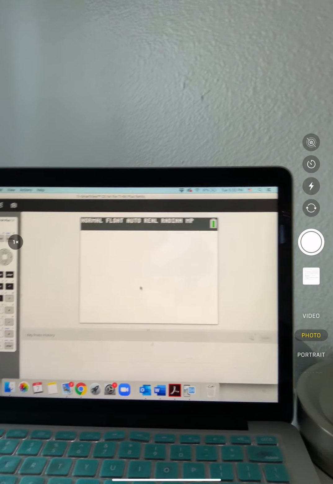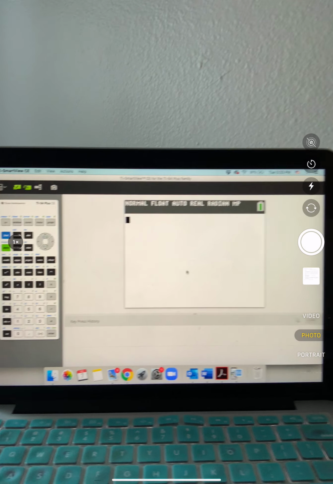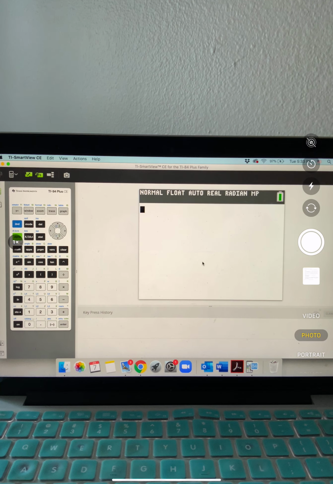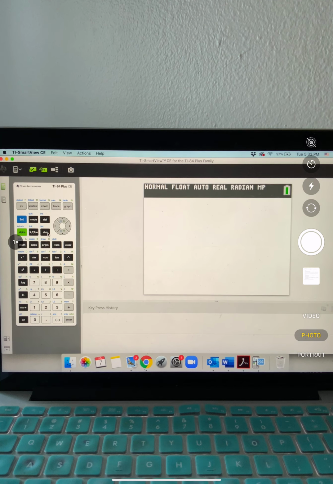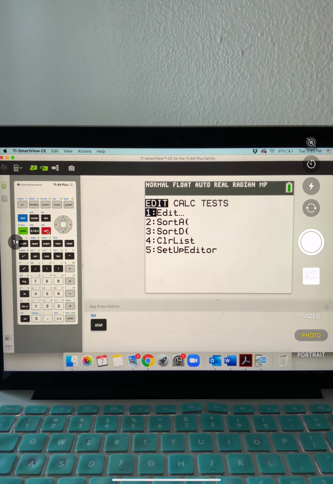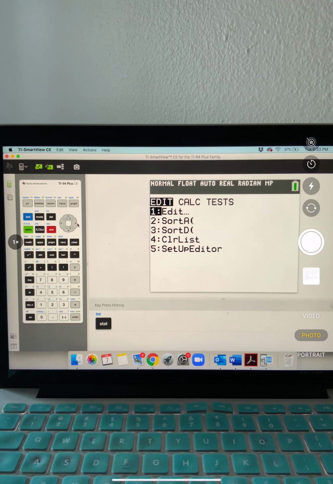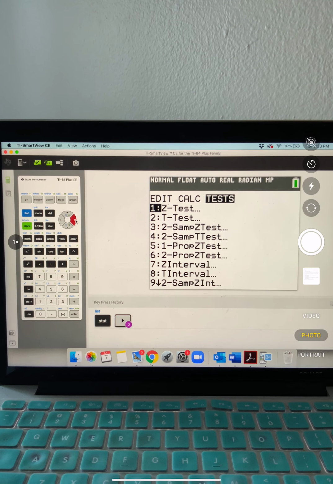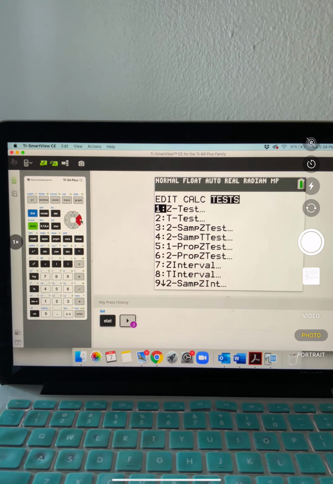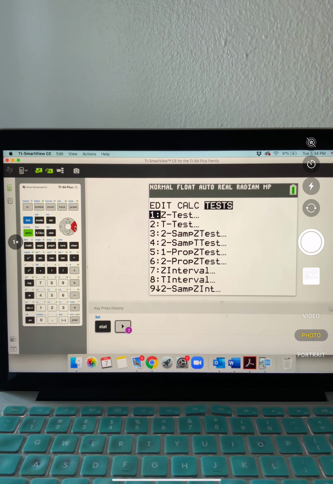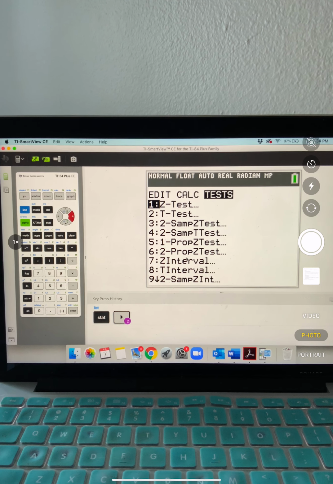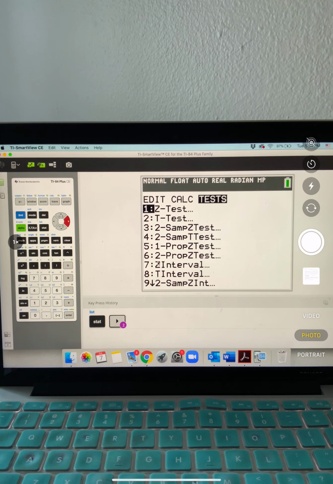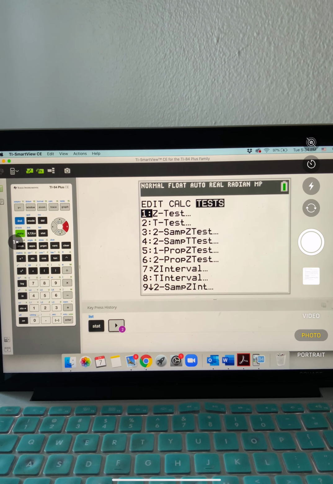So here's our calculator. I told you that it's a stat key over here. So stat key right over here, stat. And then you're going to arrow to the right to go to test. And then we are not on the hypothesis test yet. We'll be using the word that says test with chapter 9. But we are building an interval right now. So there's your z interval right there.